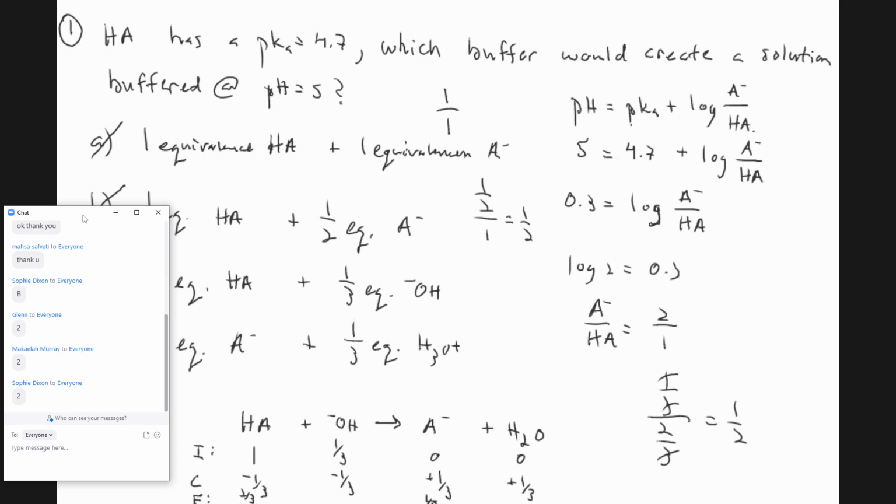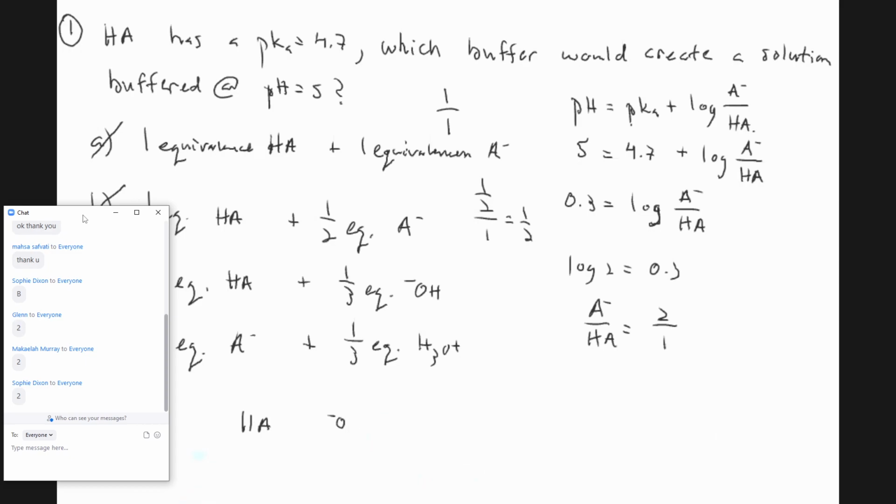So by process of elimination, we should be able to get the last one and assume that it's right, but we should do our due diligence and check using our equilibrium and ice box. So we're starting with the conjugate base and we're adding acid. That's going to form our acid and some water, right?